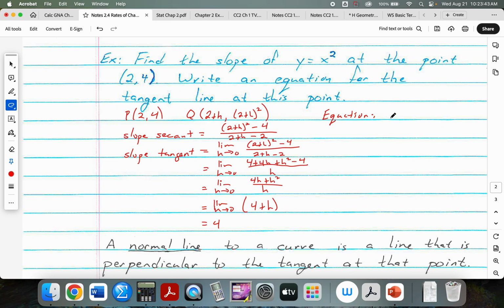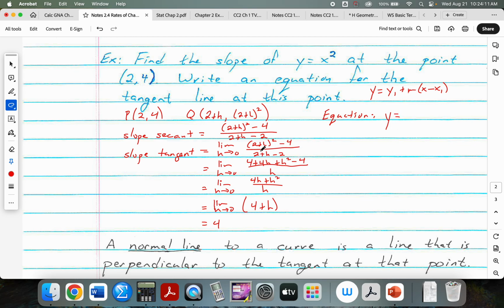So the equation is going to be y equals, and for point slope, I do this one. Y equals y1 plus m times x minus x1. Again, the reason I do this in that particular order is because when we get to series in March or April, we're going to expand that.